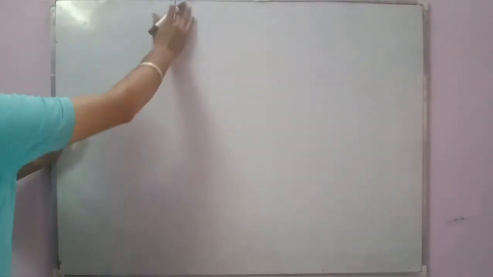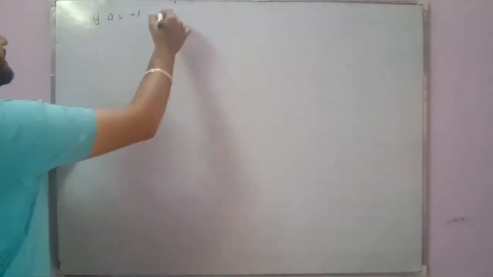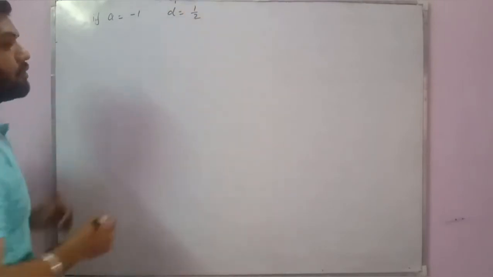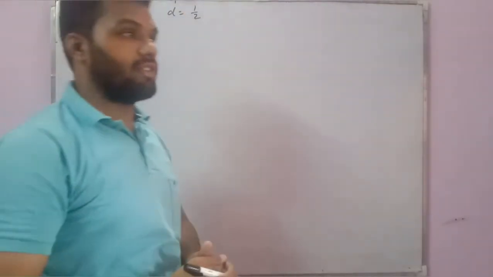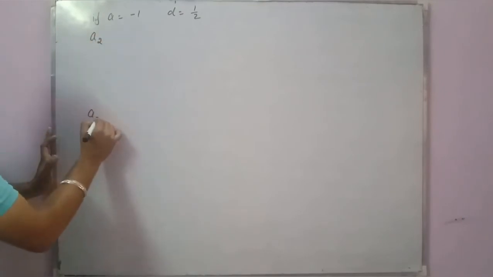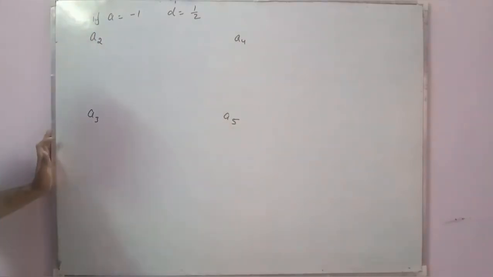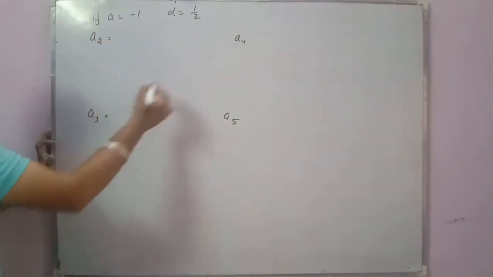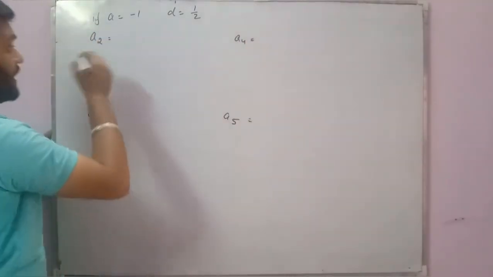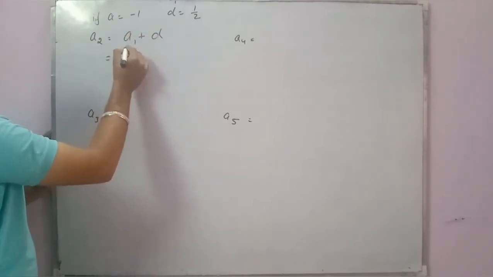Yes. The next question is, if A is minus 1 and D is 1 by 2, find the next four terms. The next four terms are A2, A3, A4 and A5. How to find A2? A1 plus D. What is A1?